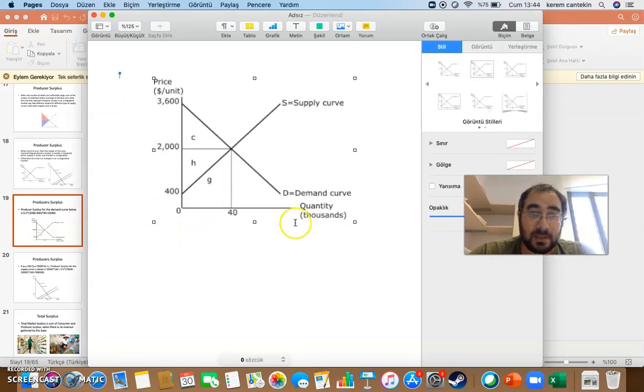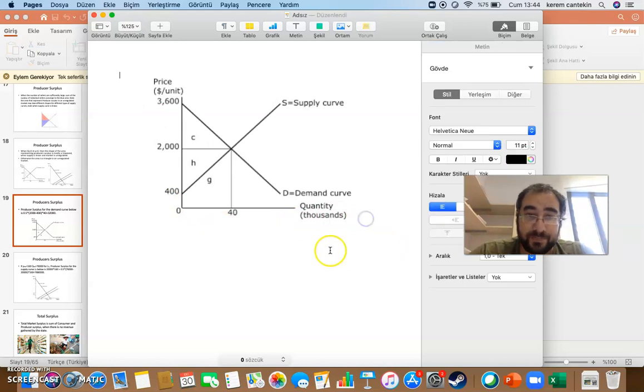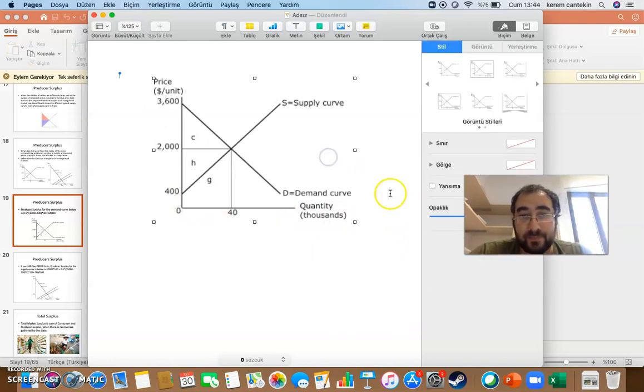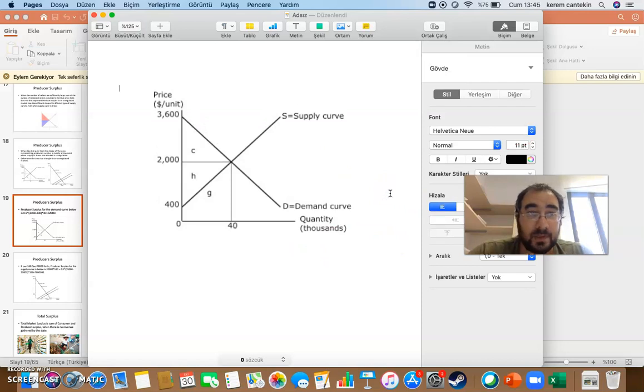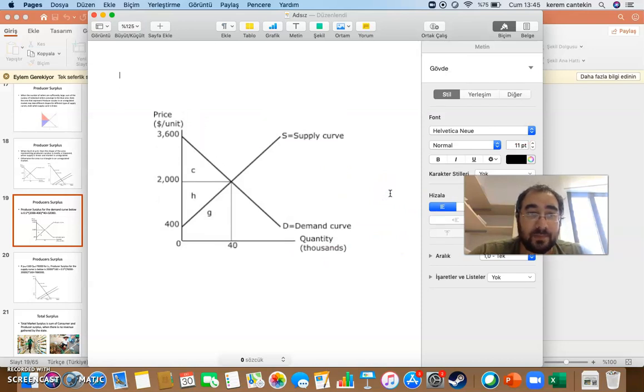Let's see that. So first we need to calculate the area of this triangle, the H basically. First we need to subtract from the equilibrium price the minimum price above which we will have some supply.